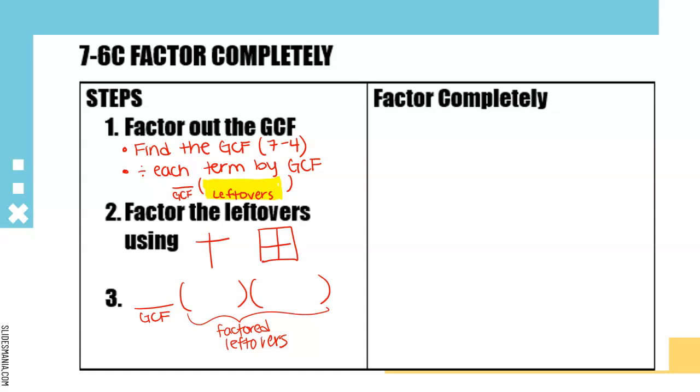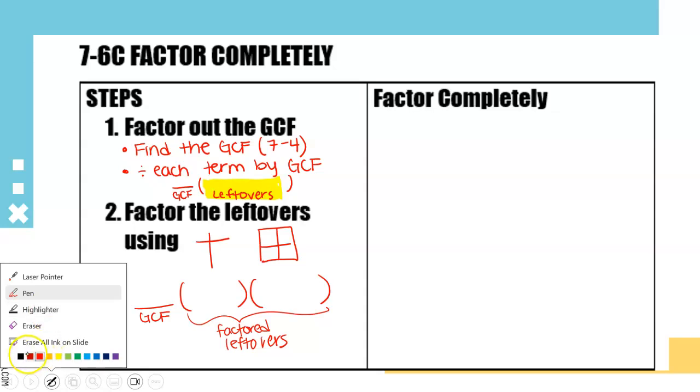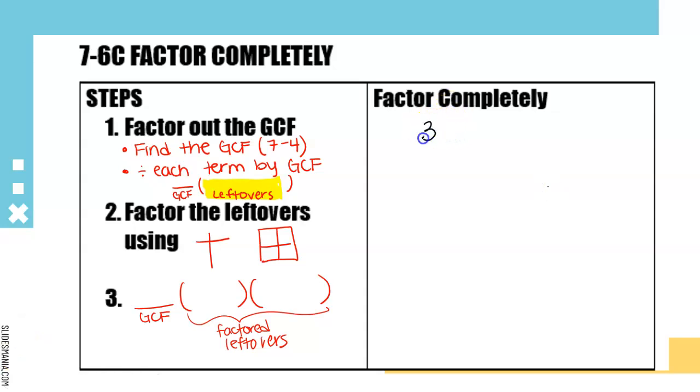All right, so let's try a problem just to make sure we can actually accomplish this. The problem we're going to start with today is 3x to the third plus 15x to the second minus 18x. So step 1, we have to actually find the GCF. I'm going to think about the factors of 3.